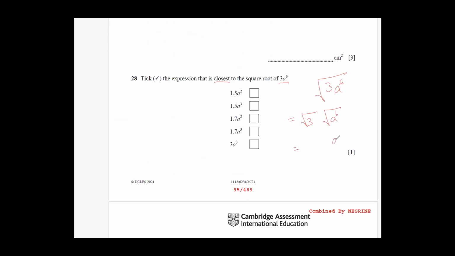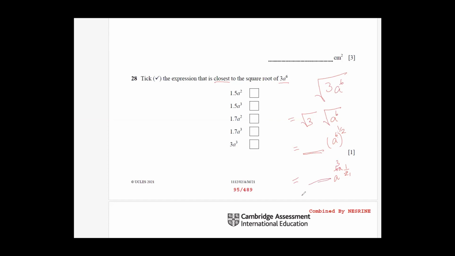For a raised to power 6, the square root sign has a value of 1 by 2, and we know from the laws of indices that when there are two indices of the same number, the indices are going to be multiplied. So you need to multiply 6 by 1 by 2. And now since these can be cancelled out, this would be a cube.